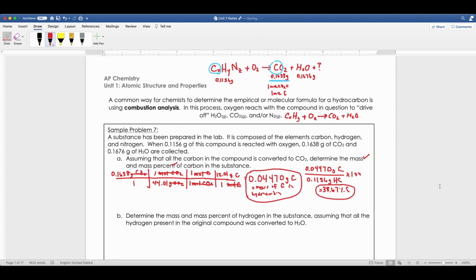Let's try the same thing for hydrogen, because if I look at my balanced chemical equation from up here again, all of this hydrogen in the hydrocarbon was converted to water. So I can determine, of the mass of water, what mass of that comes from hydrogen, knowing that there are 2 atoms of hydrogen in 1 molecule of H2O. We're going to do this using stoichiometry.